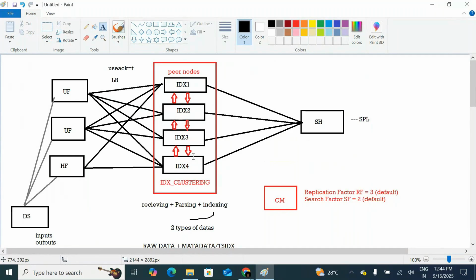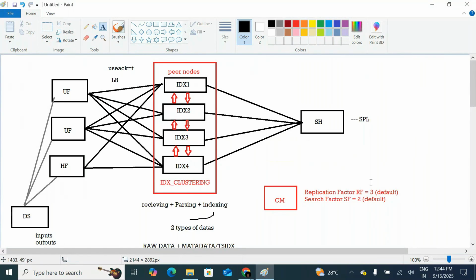That means if you are maintaining copies, you need to maintain both the data as copies. Yes or no? Definitely you need to maintain both copies. Raw copies you need to create, and meta copies you need to create.